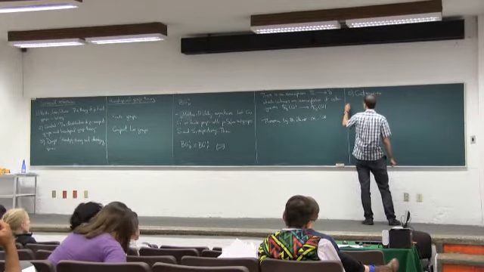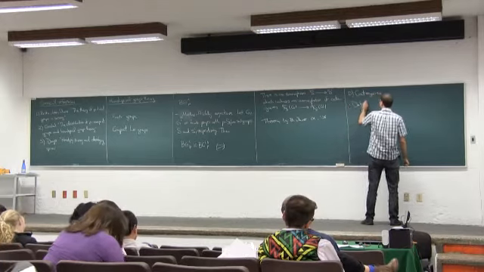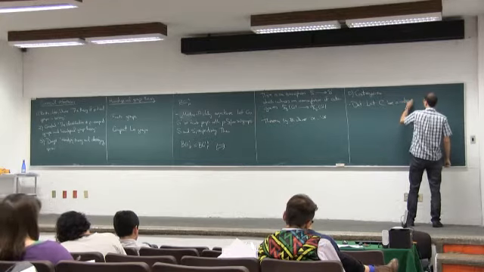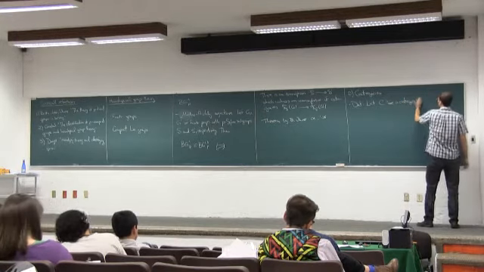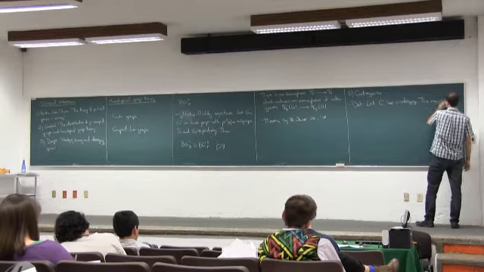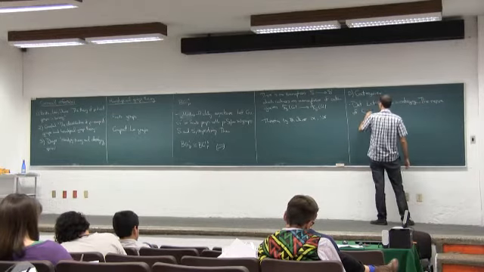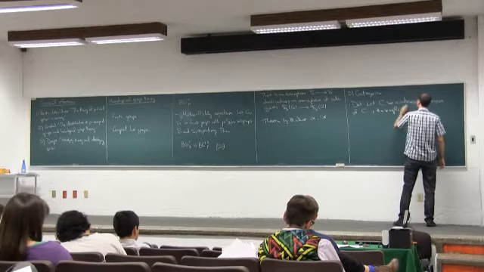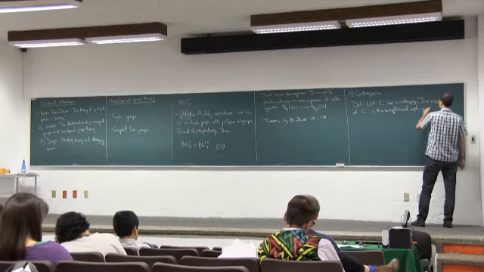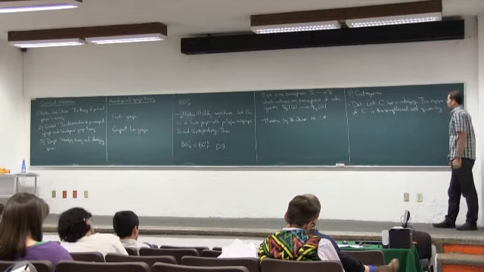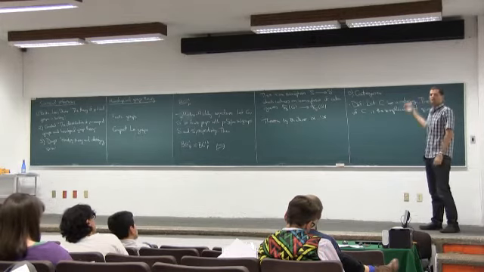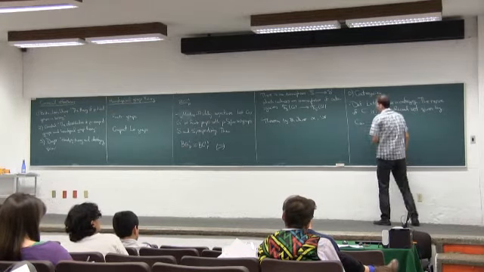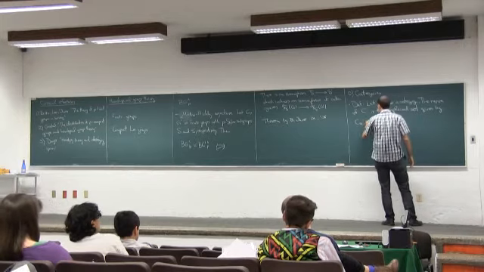So, definition: let C be a category. The nerve of C is a simplicial set given by, well, a simplicial set is just a sequence of sets, right? With some faces and some degeneracies. So I start with C_0, the set of objects.